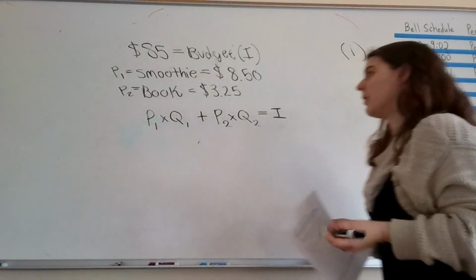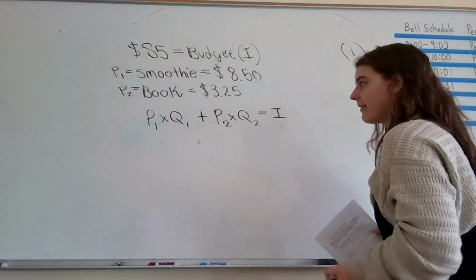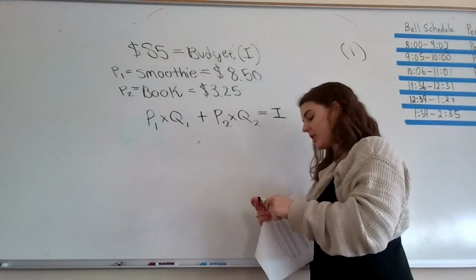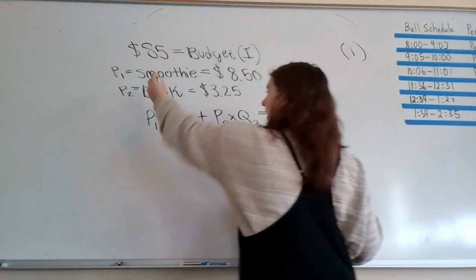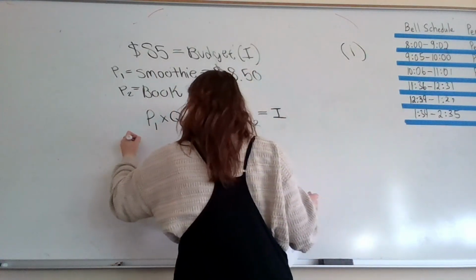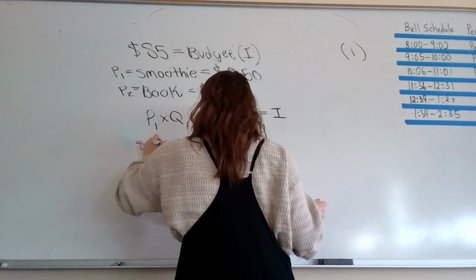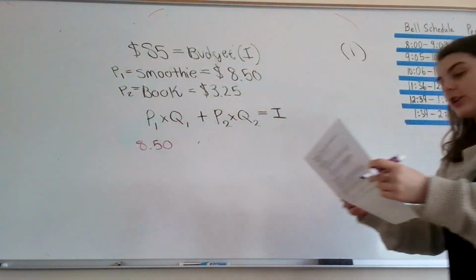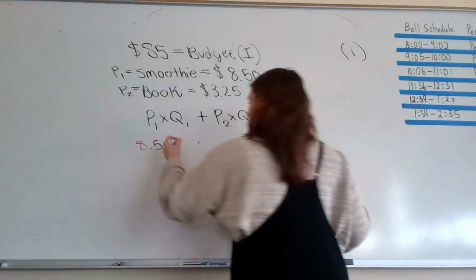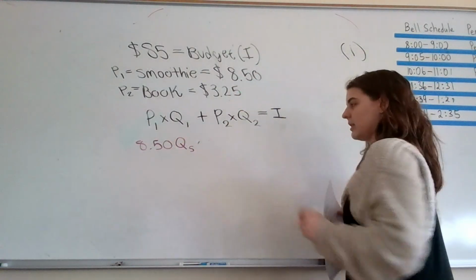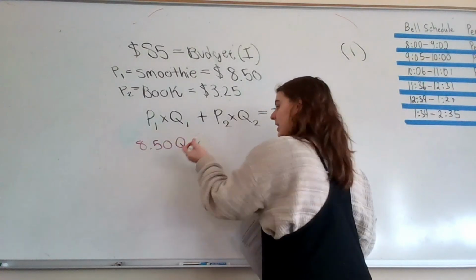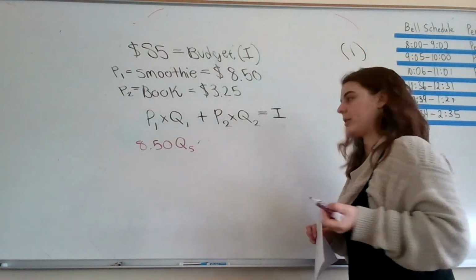So what we're going to do is just plug our values in. Our budget constraint is going to look a little bit like this. We spend on P1, our smoothies, $8.50. If you want to change the Q, you can. I'm going to say Q, and I'm going to write a little s to say that's my smoothies. So this is the price of a smoothie and the quantity of smoothies I purchase.